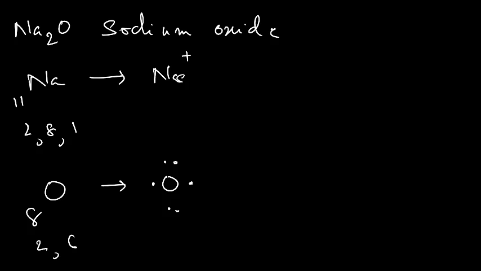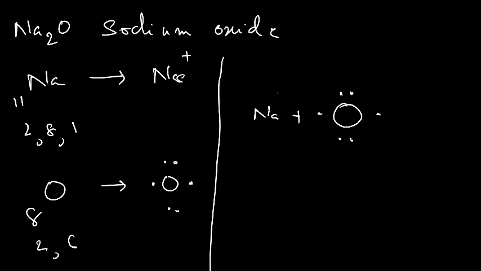Now, let us see how the electron transfer takes place. So this is the oxygen atom, 2 electrons, 1 here, 1 here. Sodium has only 1 electron. This electron transfers from sodium to oxygen. On the other hand, for the other sodium atom also, this electron transfers from sodium to oxygen here. Therefore, since sodium loses one electron, it gets a positive charge.